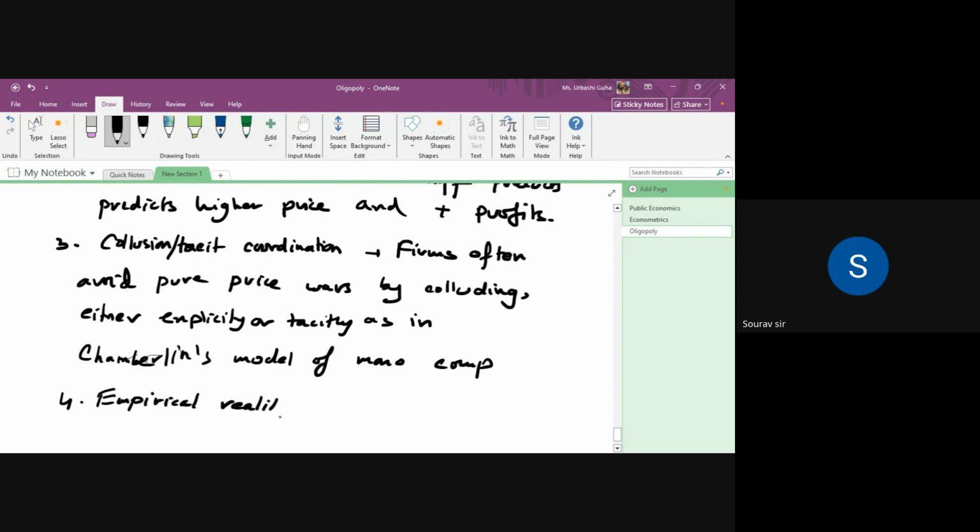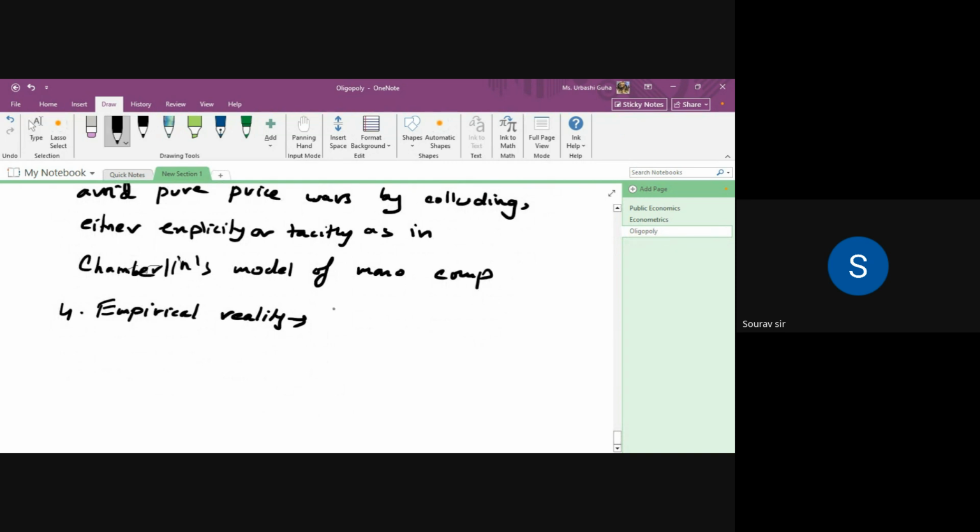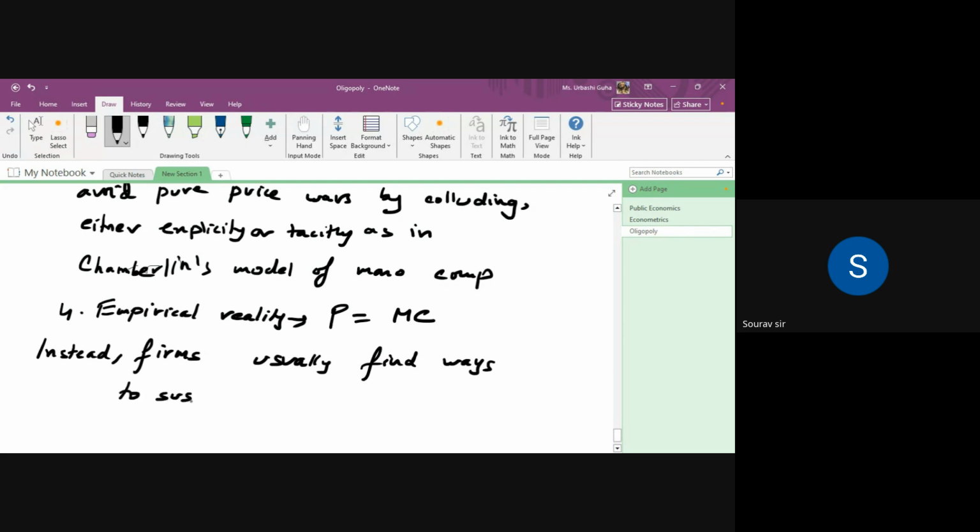Empirical reality: very few real world duopolies end up at the equilibrium where price is equal to marginal cost. Instead, firms usually find ways to sustain price above cost.